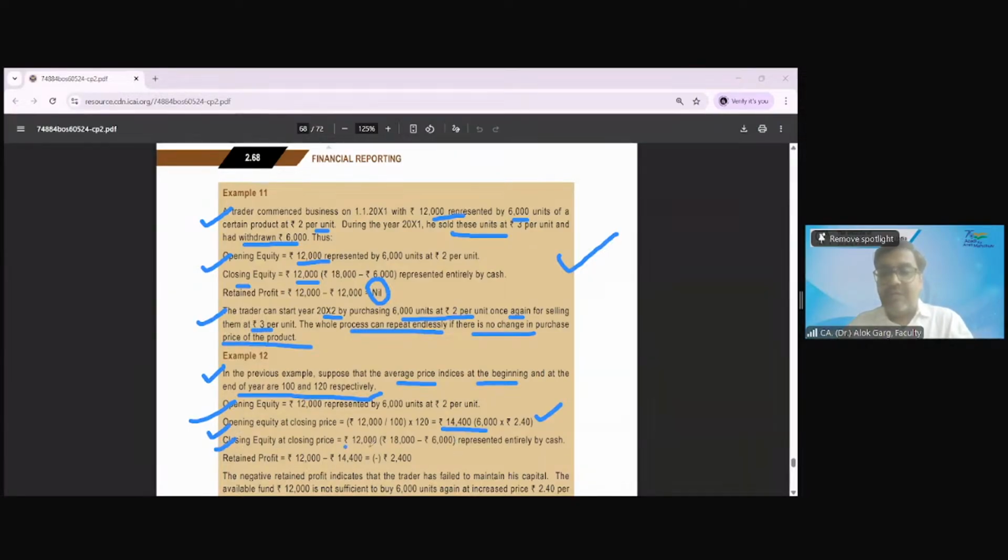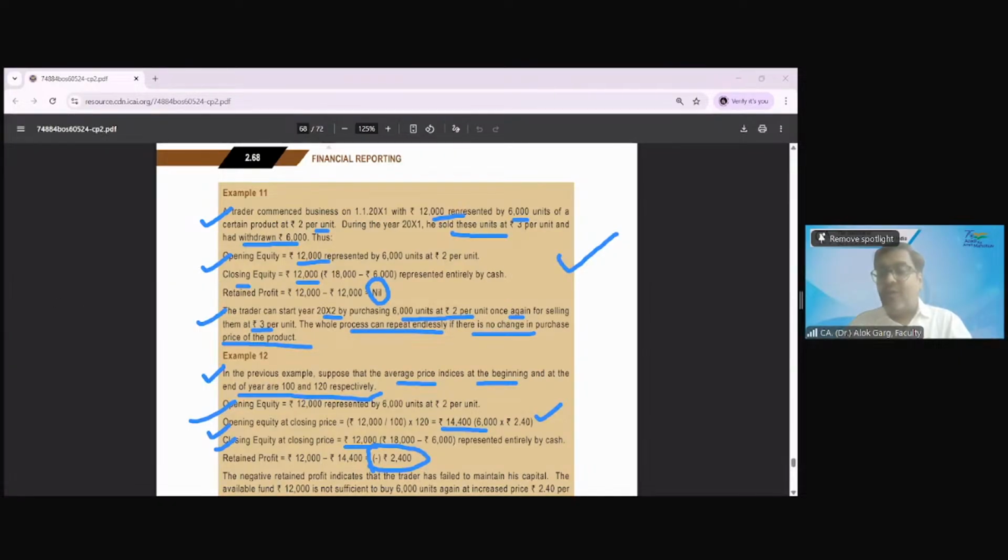So in this case, what is your closing equity? Your closing equity at closing price is 12,000 only, na? So what is your retained profit? Assuming the same scale of business, your financial capital is decreased by 2,400. This is the capital maintenance concept. This is a financial concept of capital maintenance. Is this clear to you or not?